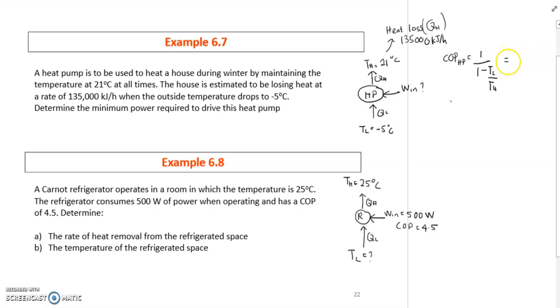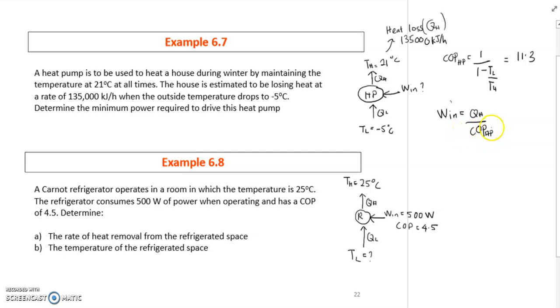Solve it in the calculator, you will get 11.3. Your COP of heat pump is 11.3. Then we use this equation to calculate the work input requirement, using the relationship between QH and COP.